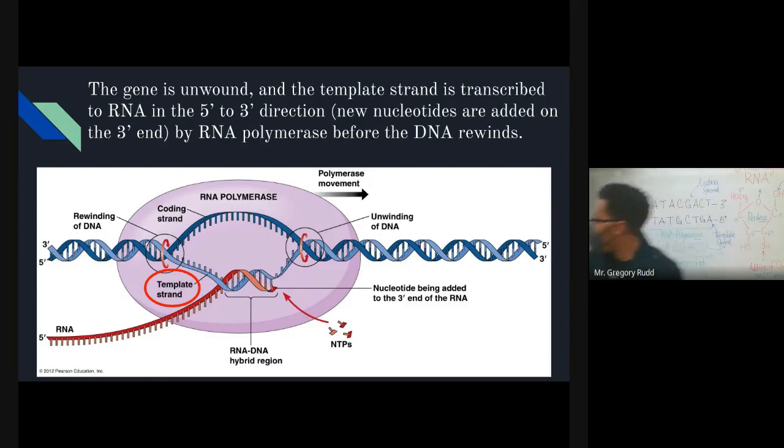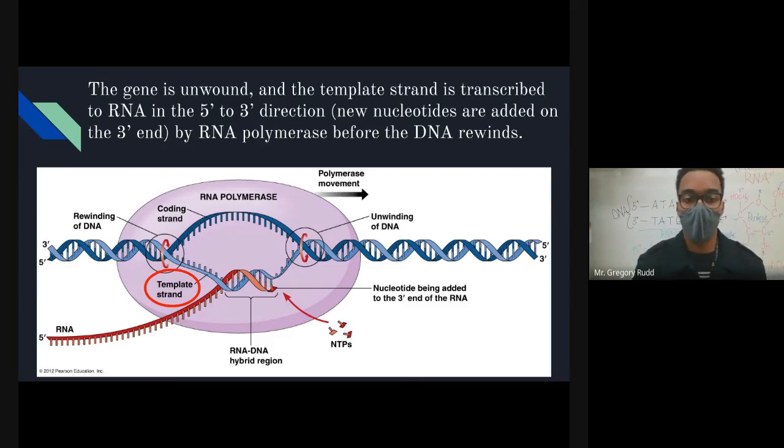We can see that happen here. And it's going to be transcribed again in the 5' to 3' direction, meaning new nucleotides are being added to the 3' end. And then RNA polymerase will also rewind the DNA once it has already transcribed that section.